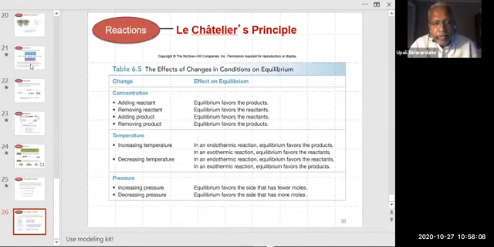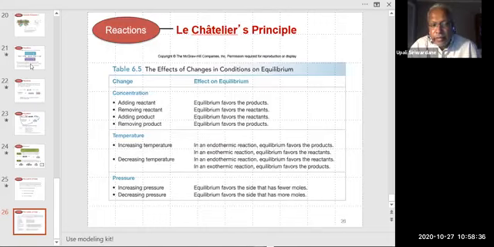For temperature, with an increase in temperature in an endothermic reaction, equilibrium favors the products. That means it tries to remove the temperature increase. In an exothermic reaction, it is the other way around: equilibrium favors the reactants and goes to the reactant side. A decrease in temperature has the opposite effect.